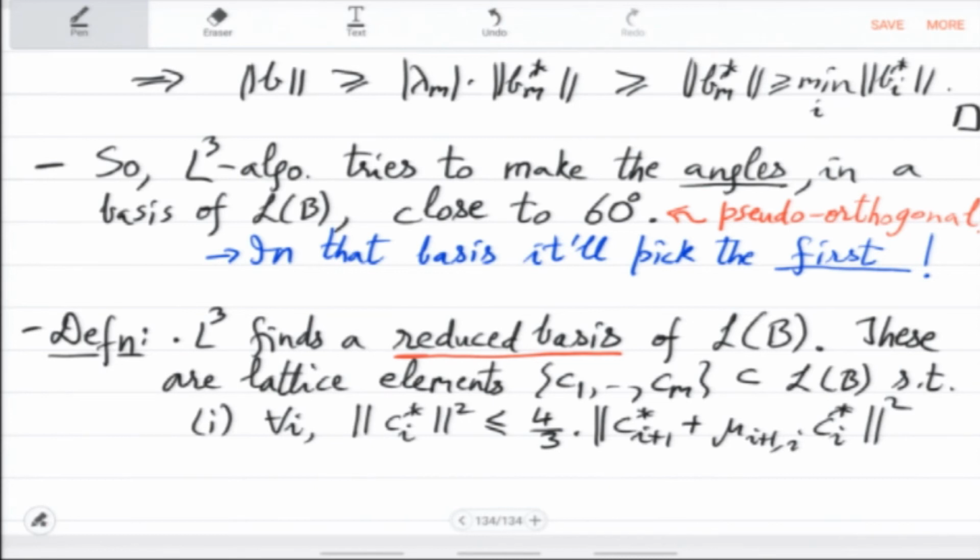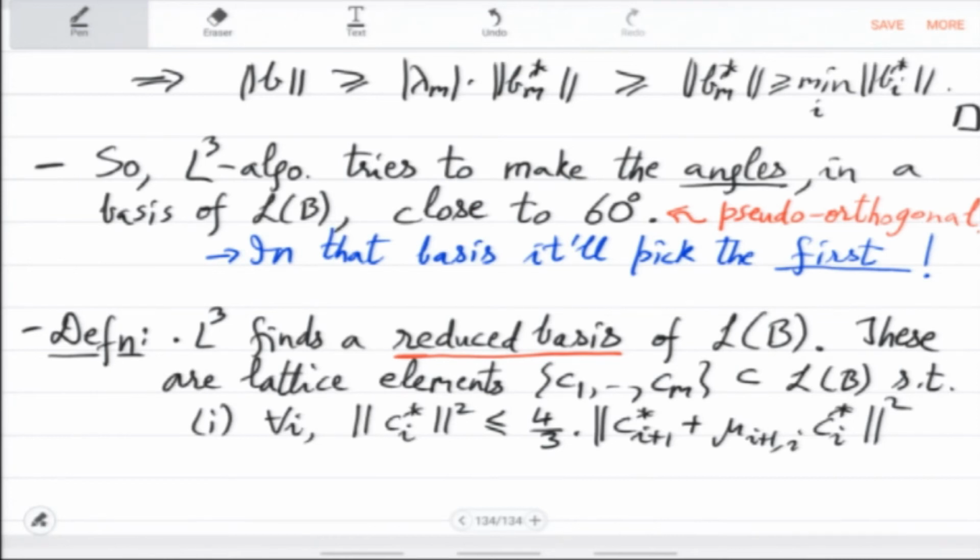This condition is saying that this C2 star should be pretty close to what it would have been if you were able to implement GSO in the lattice. If you were able to implement GSO, then this RHS, Ci plus 1 star plus mu i plus 1 i Ci star, would have been equal to Ci plus 1.